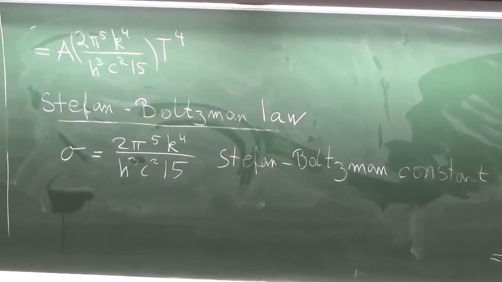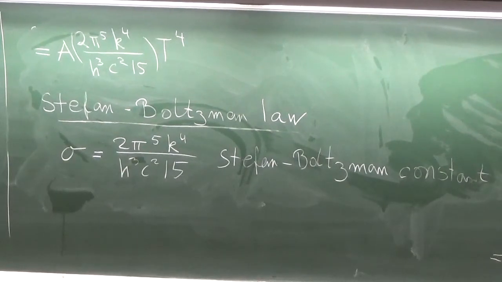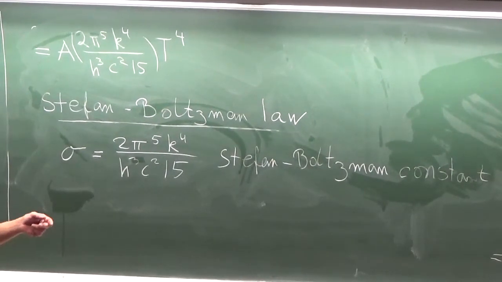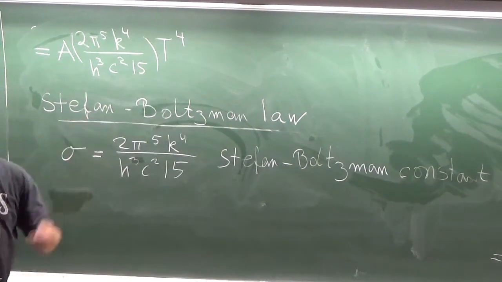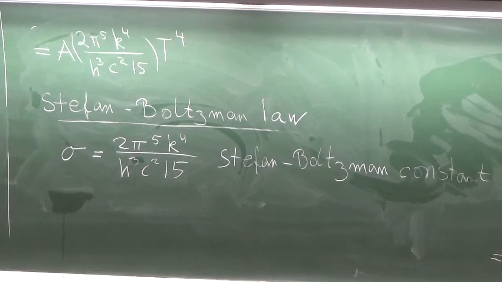So this is more or less how we arrive at this formula, that the black body radiates energy at a power proportional to the 4th power of the temperature. It comes from integrating up this black body radiation distribution.